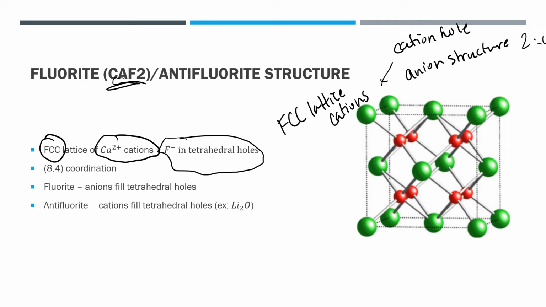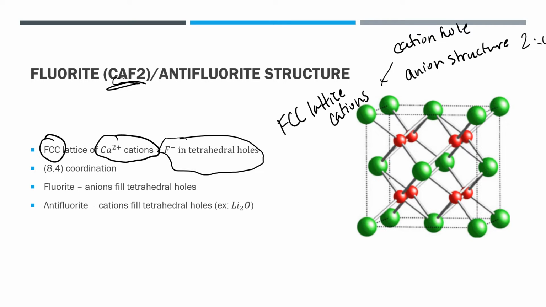Generally, remember, the bigger ion is going to create the unit cell, and the smaller ions are going to fill the holes. And in this case, calcium is a bigger ion than fluoride because fluoride is such a small ion, right? It's all the way up in the periodic table, all the way to the right. So it's got a high nuclear charge, so it's going to be pulled really close to the nucleus. It's a small atomic size, small ionic radius. So fluorides are small, that's why they're filling the holes.